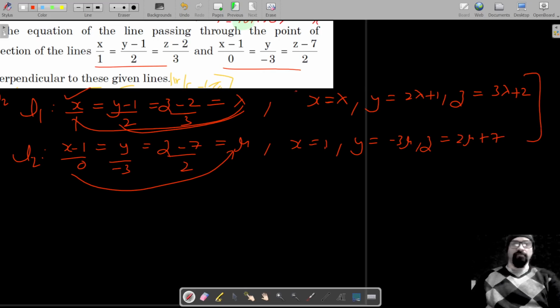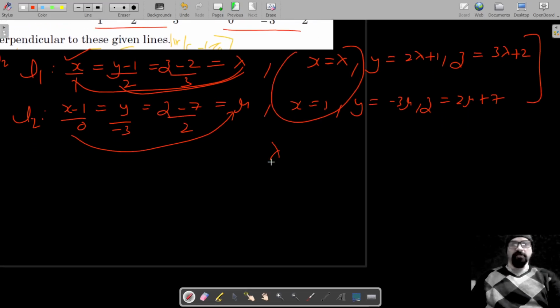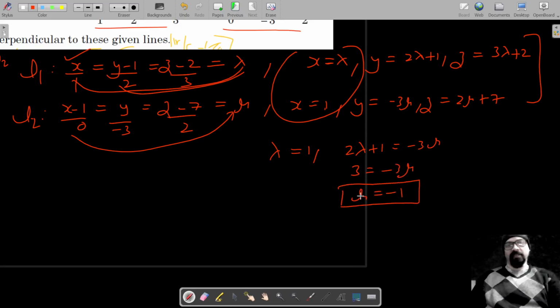Now, if we equate these points, x gives me the value of lambda is equal to 1, and if I equate y, 2 lambda plus 1 is equal to negative 3 mu. Now lambda is 1, so this is 3 is equal to negative 3 mu, which gives me mu is equal to negative 1.